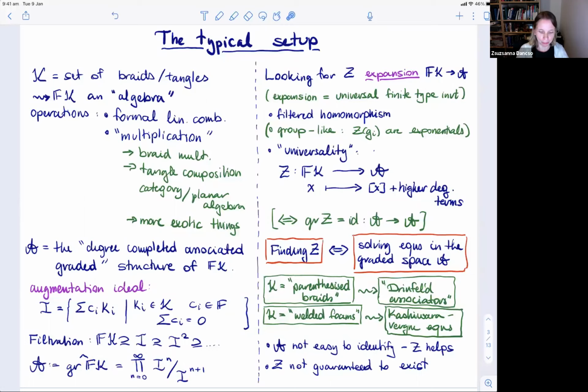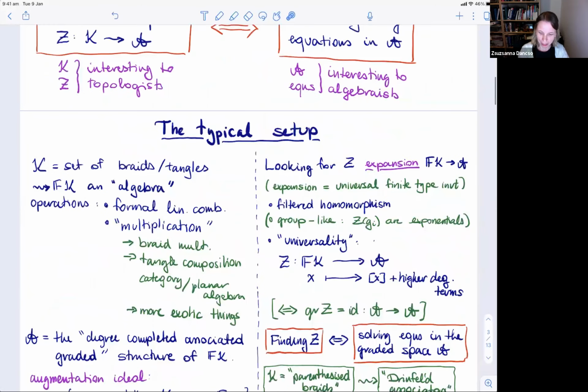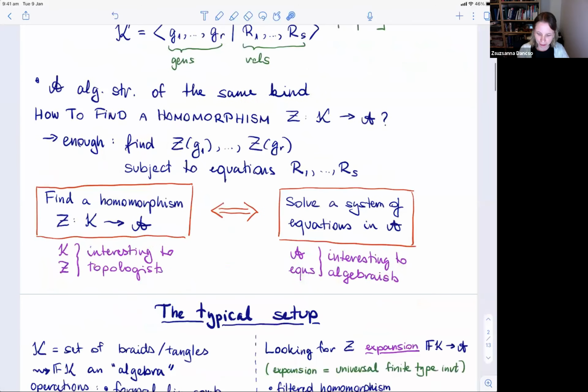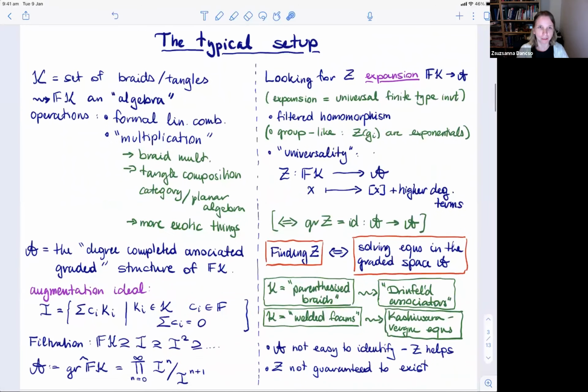Now, for my homomorphism, I don't just want any old map from K to A, but a map with some specific good properties. If you're familiar with finite type invariants, the Kontsevich integral, this side of knot theory, then this will not come as a surprise. This is basically what is called a universal finite type invariant.